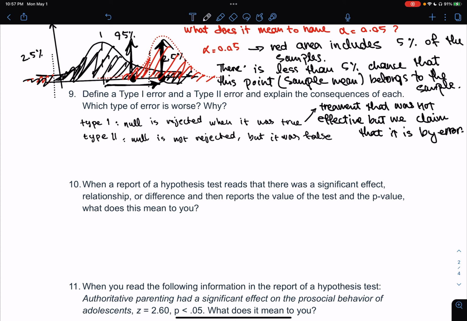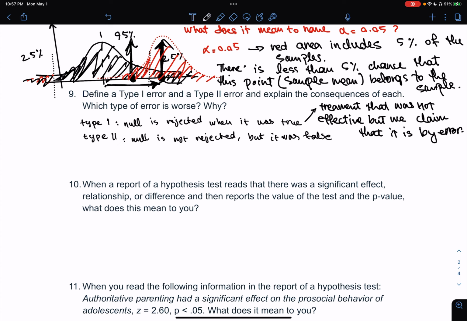The consequence is that we will be using a lot of resources for further researching that medicine, or even doing production and things like that. So it's a lot of waste of resources, which is mainly why most people say that type 1 error is worse.